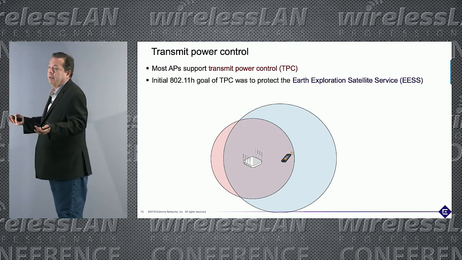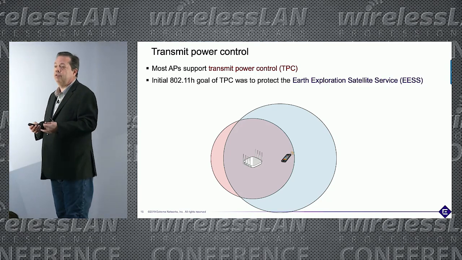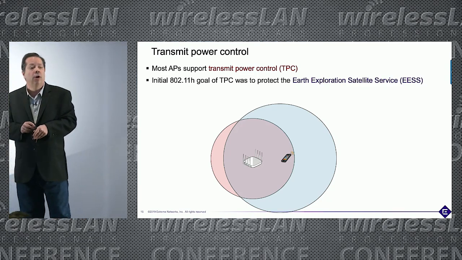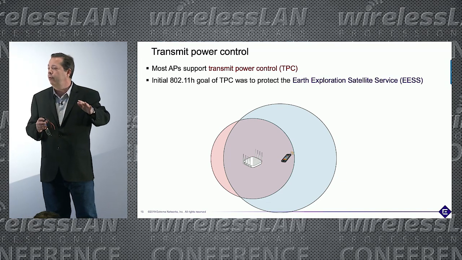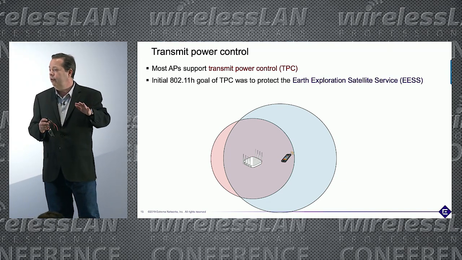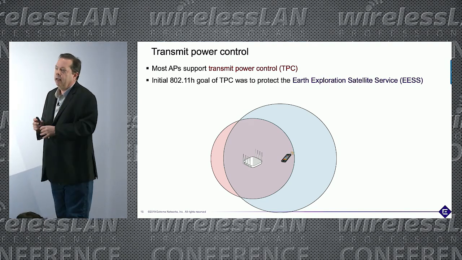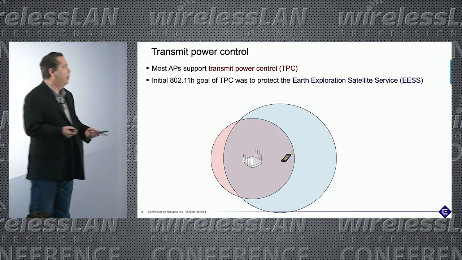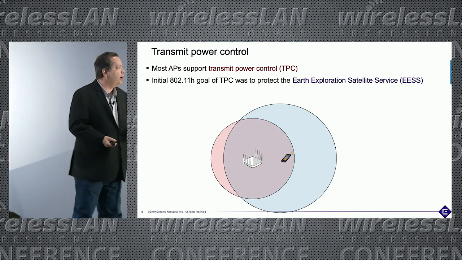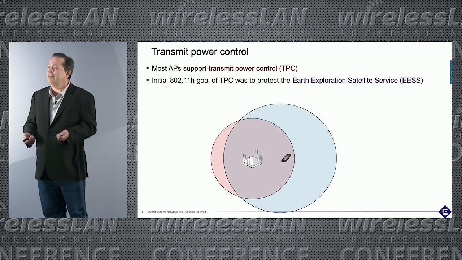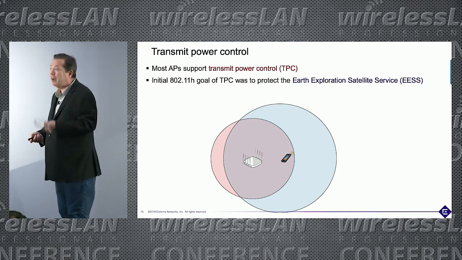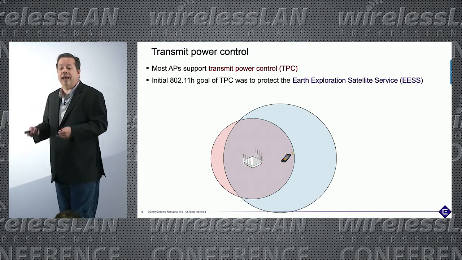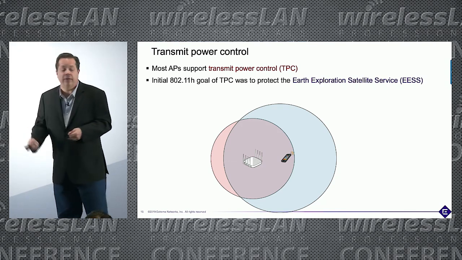Almost all APs support this today, but initially transmit power control was designed specifically for 5 gigahertz channels. We'll talk about this a little more in the next slide, but TPC is used for other reasons now. Initially the whole goal was to protect against Earth exploration satellite services, I gotta get the words out, and interfering with that.